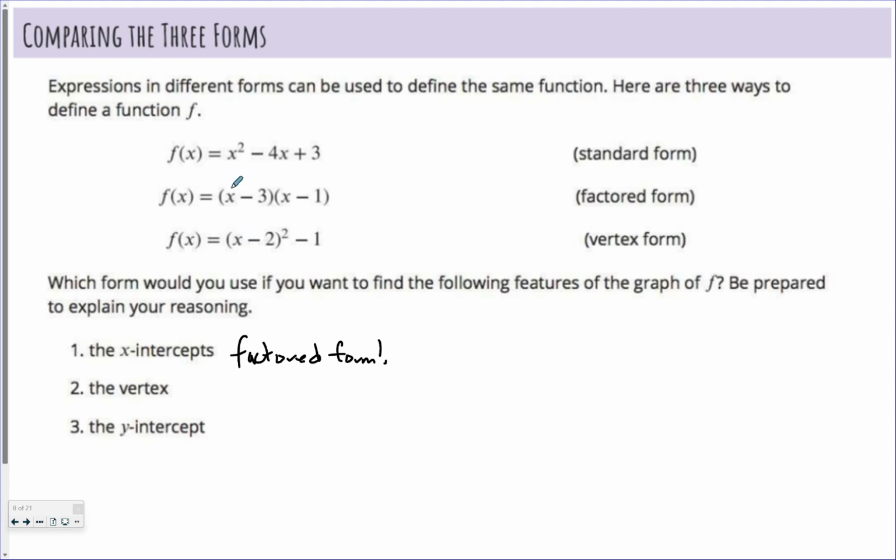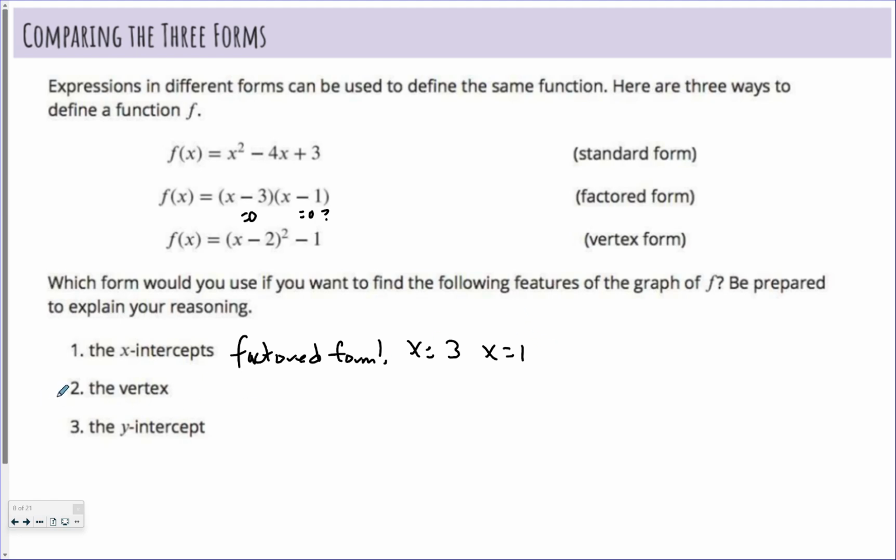So once again, what numbers make this equal to 0? x minus 3 equals 0, x minus 1 equals 0. Looks like 3 and 1. So 3 minus 3 is 0, 1 minus 1 is 0. So these are your x-intercepts.